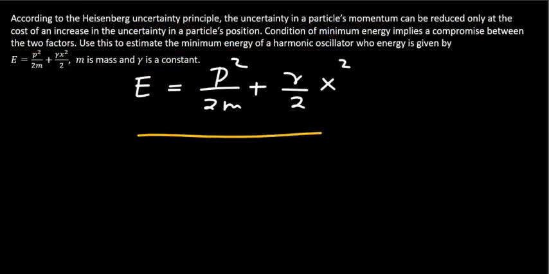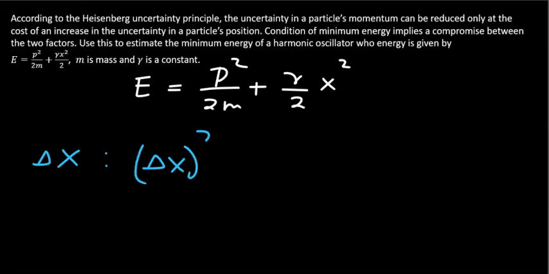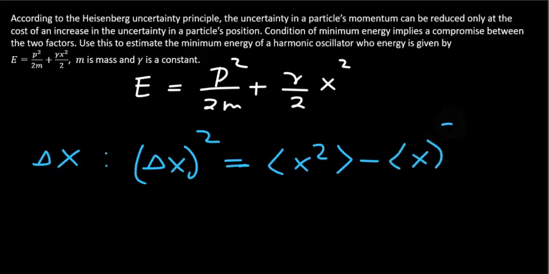So this represents the total energy of the quantum harmonic oscillator: momentum, position. The particle in any quantum state has a non-zero position uncertainty, which we can denote by delta x. And this uncertainty in position is defined by the following equation. Uncertainty in position squared equals the average of x squared minus the average position squared.